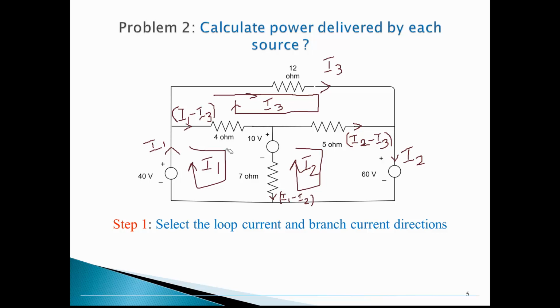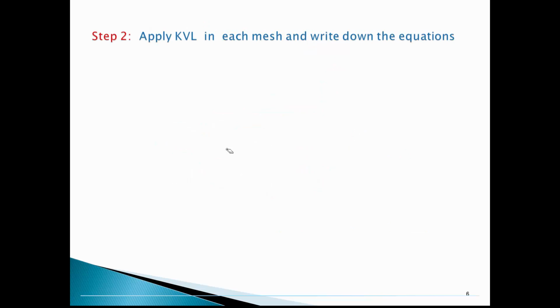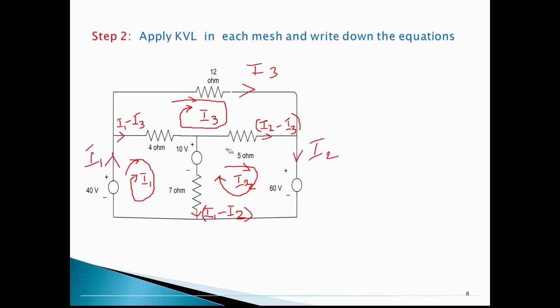Let's move on to step number 2. Apply KVL in each mesh and write down the equation. Now apply KVL on loop number 1. This is my loop number 1. Apply KVL. Let's start from this point. So moving towards top, 40 volt source, loop current leaves positive, so plus 40.